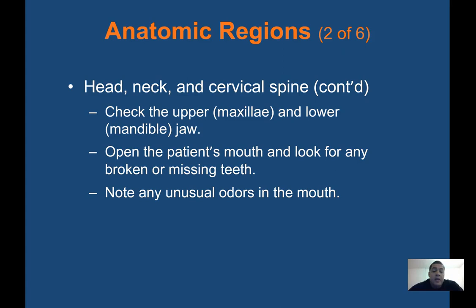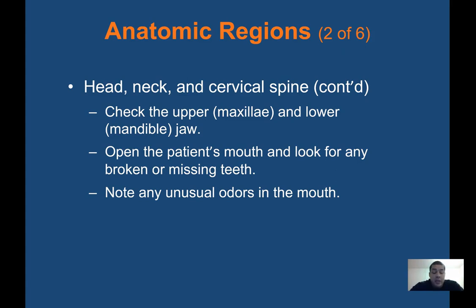Okay. Head, neck, and cervical spine. Check the upper maxilla and lower mandible, jaw. Open the patient's mouth and look for any broken or missing teeth. Note any unusual odors in the mouth. When you're opening the patient's mouth, make sure there are no broken or missing teeth, because if they have some broken or missing teeth, they could swallow them, and that could cause an airway problem.